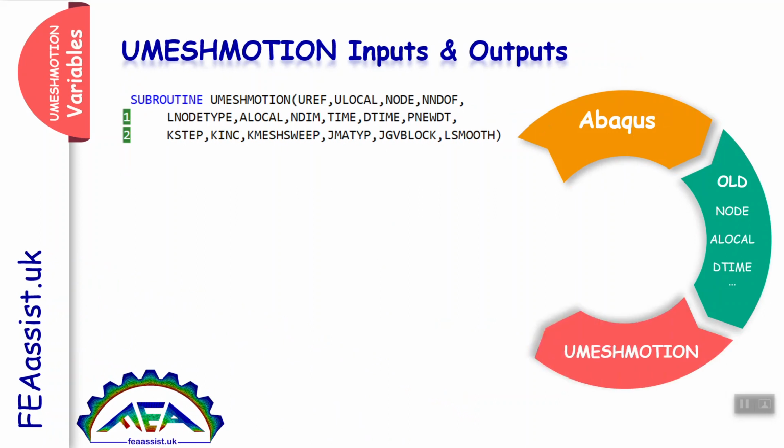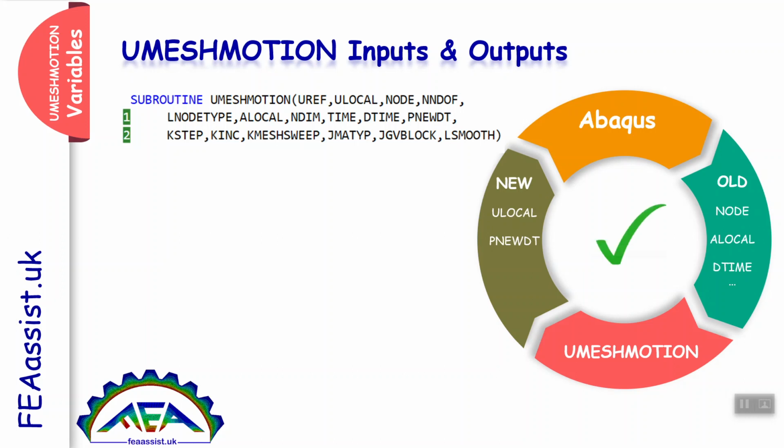We need to get these variables and process them in UMESHMOTION and compute the displacement or velocity of the nodes in X, Y, and Z direction and return these variables into Abaqus. Abaqus uses these variables again to recompute the node positions and all the necessary variables. This is how Abaqus and UMESHMOTION interact with each other.